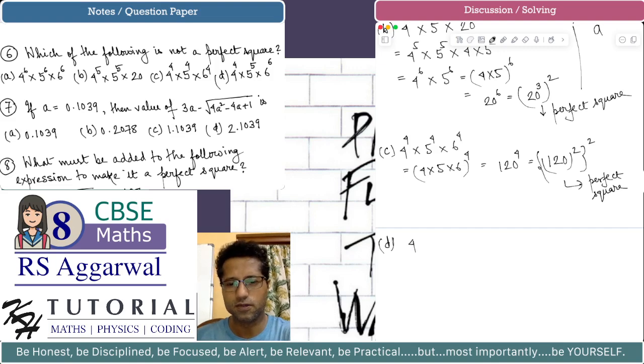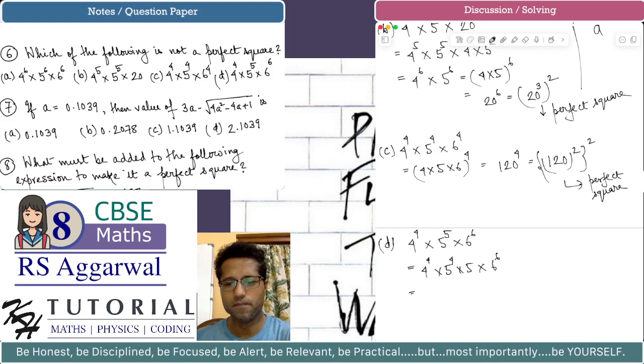Anyway, let's see what is choice D. 4 to the power 4 multiplied by 5 to the power 5 multiplied by 6 to the power 6. Now this is equal to, we can say, 4 to the power 4 multiplied by 5 to the power 4 multiplied by 5 multiplied by 6 to the power 6.